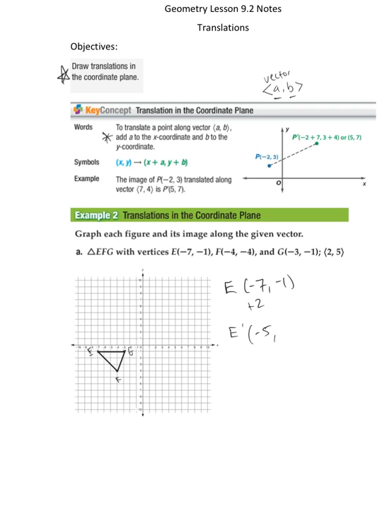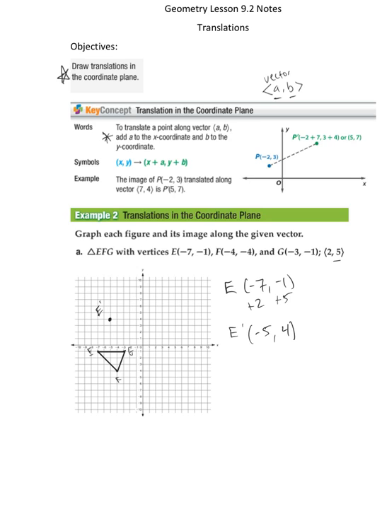And for the y coordinate, we're going to add B, 5. -1 plus 5 is 4. So E prime, the image of E, is going to be at the point (-5, 4).